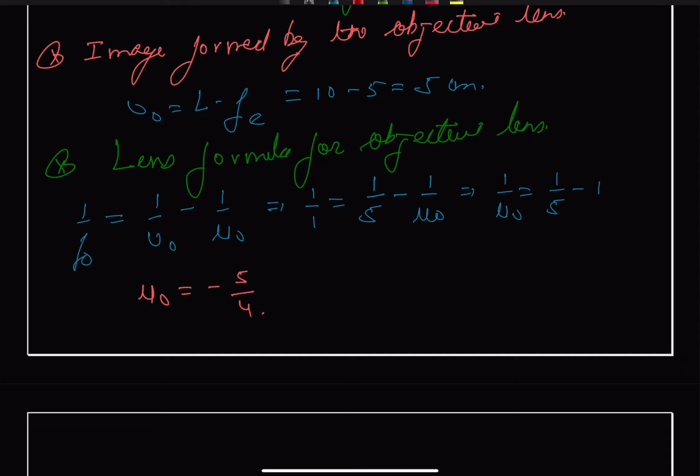Okay. And so it means, if you consider only the magnitude, it is given to be n by 40, so we can say n upon 40 is equal to 50 upon 40.